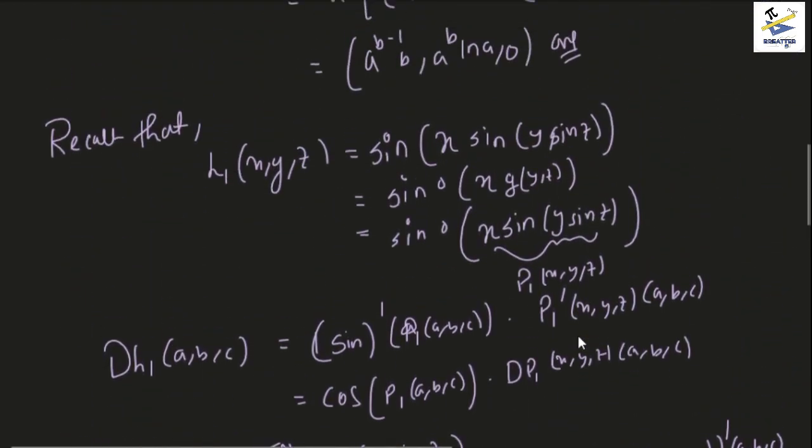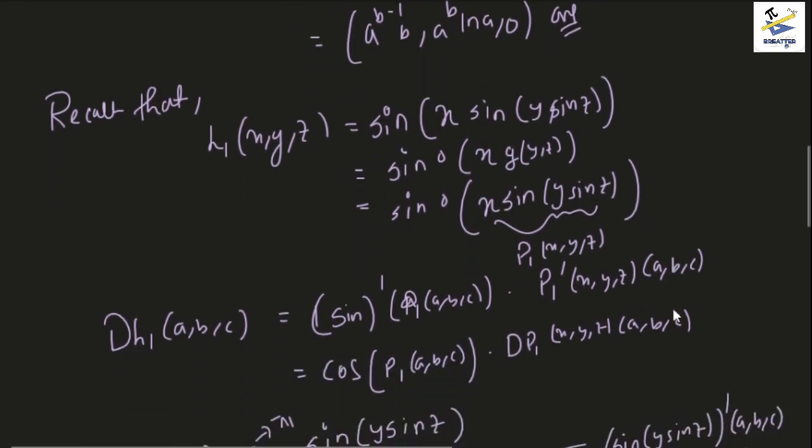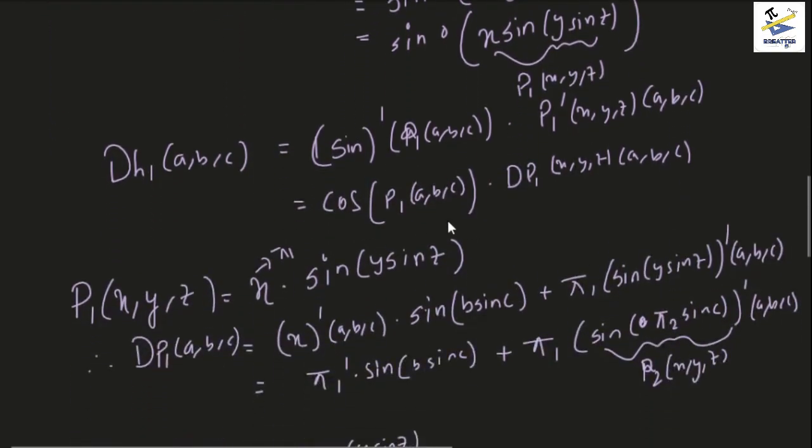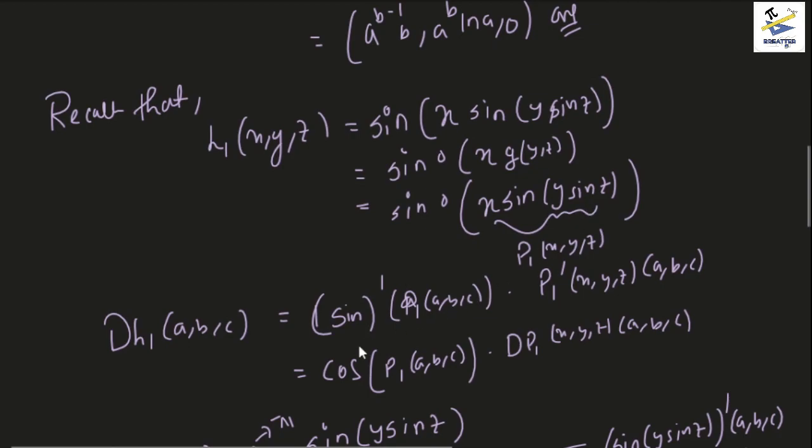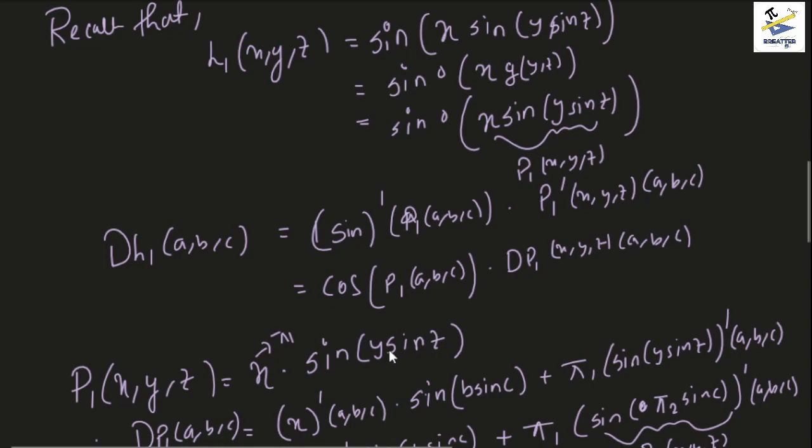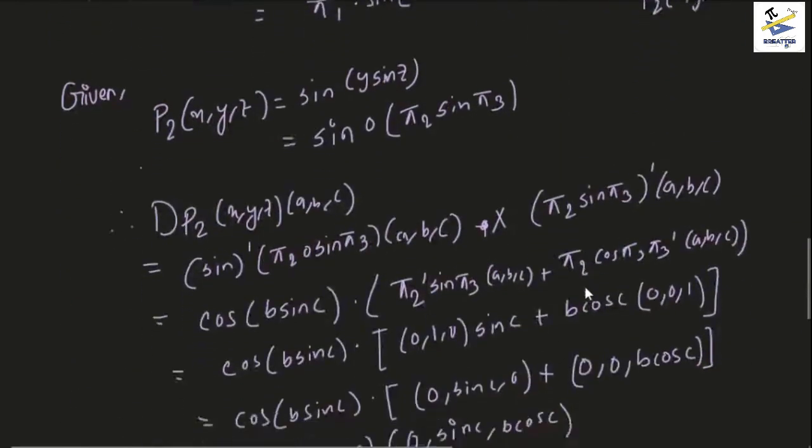Now if you remember, dp1 was basically this, and we had that p1 abc was this, so dh1, which is what we wanted to find, is basically cosine of this x sin y sin z at the point abc multiplied by the derivative of p1, right?